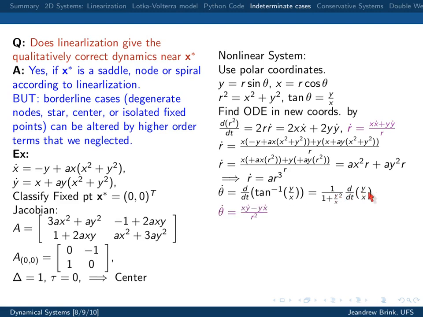I then go on and multiply through by x squared, and then I have an r squared below, and so then I have x squared times d/dt of y over x. I use the quotient rule, and I'm left with this. Okay.